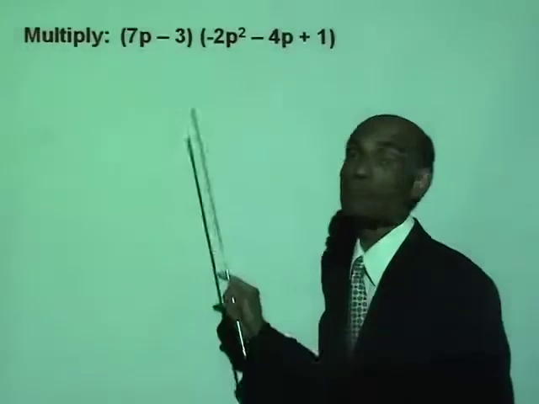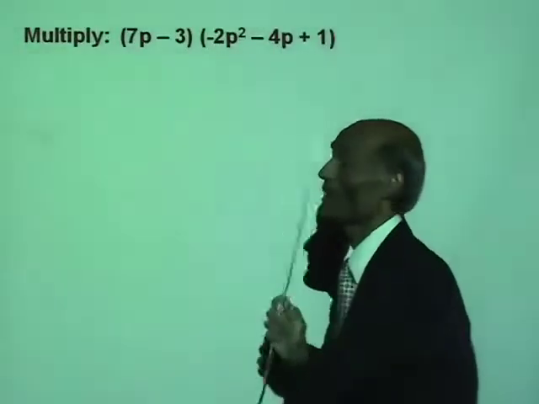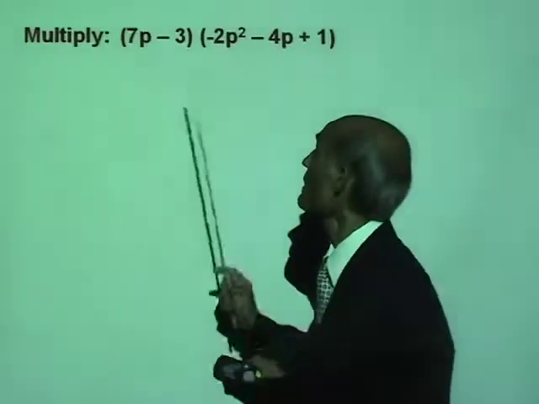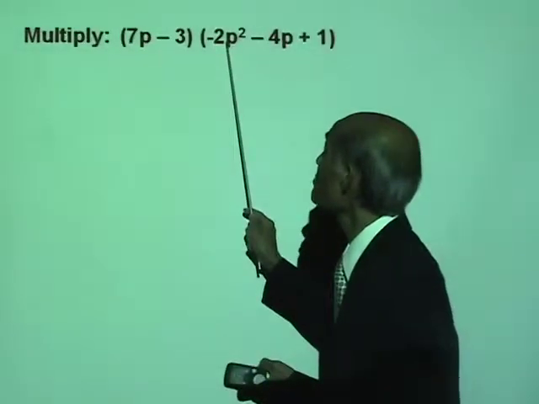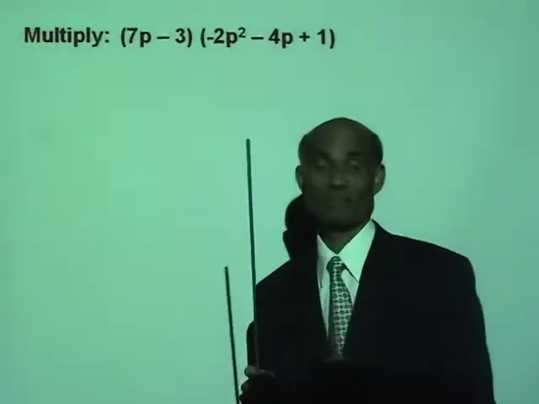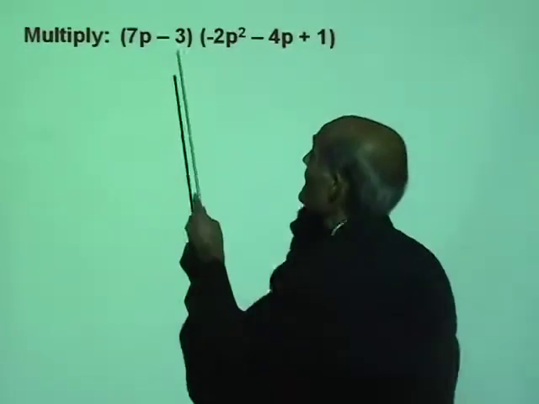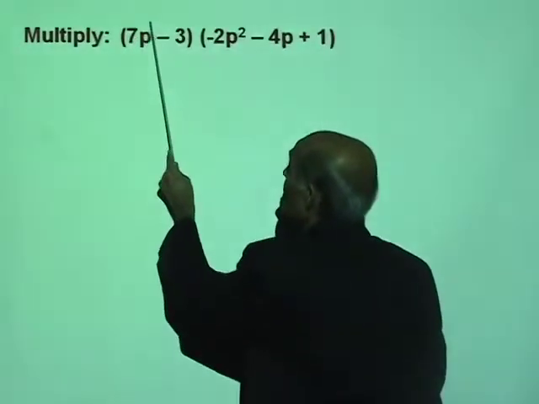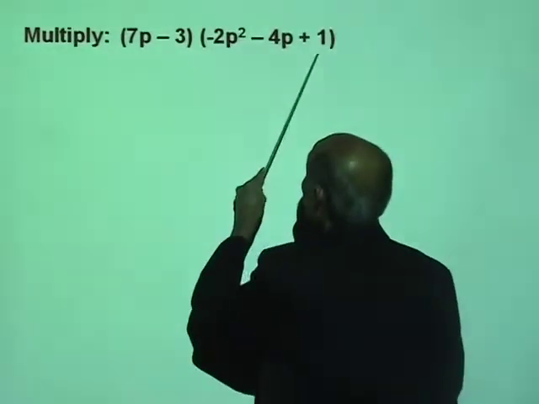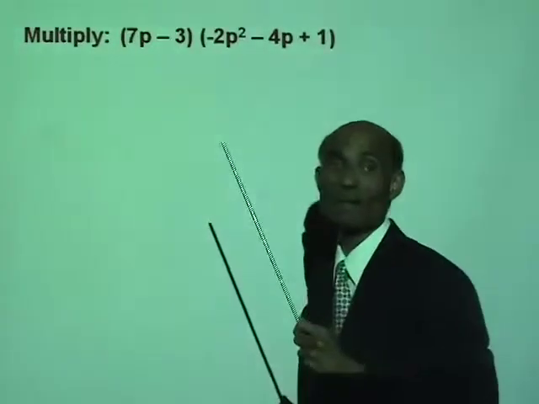Multiply a binomial times a trinomial. 7p minus 3 multiplied by negative 2p squared minus 4p plus 1. What do we do first? Take each term in the binomial. 7p is multiplied by the quantity negative 2p squared minus 4p plus 1.